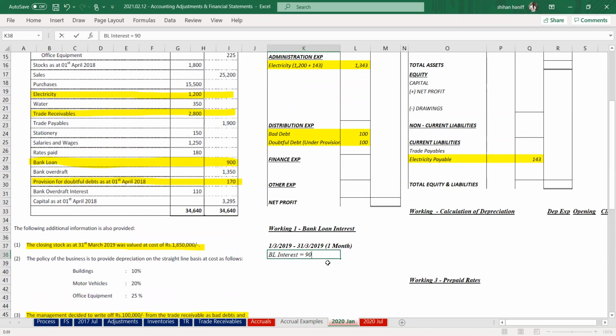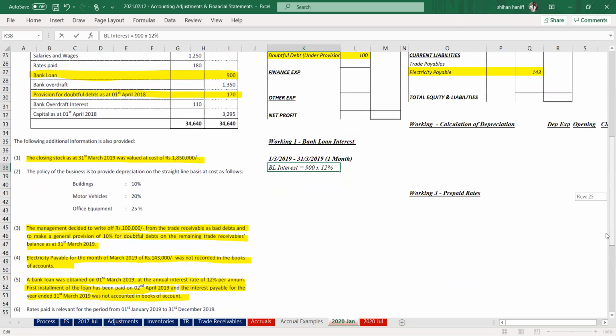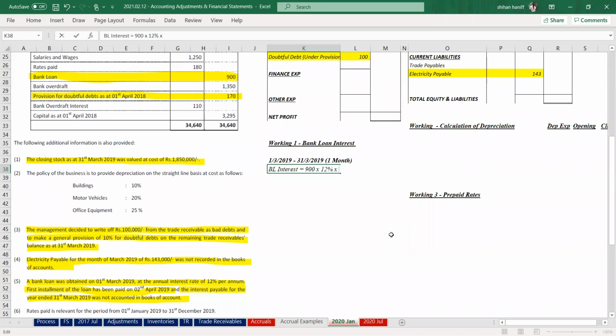So bank loan interest needs to be calculated for 900,000 into 12% into 1 month, into 1/12, equals how much? 9,000. Bank loan interest is 9,000.